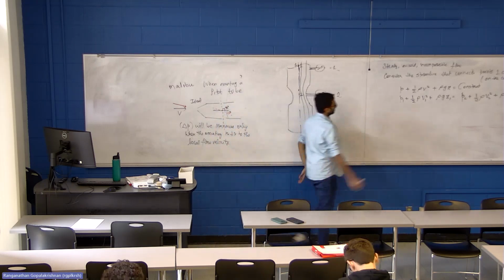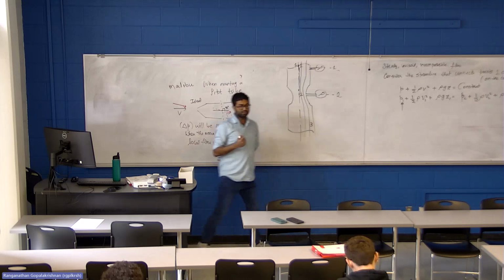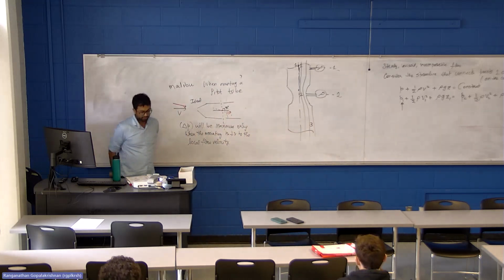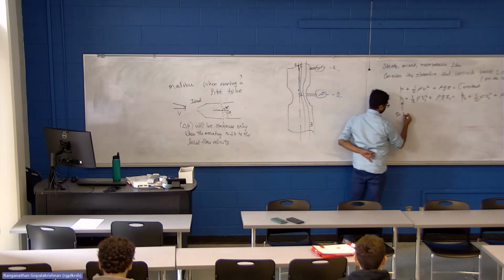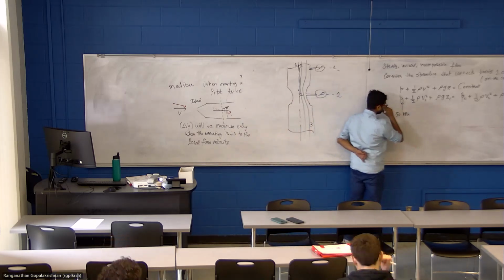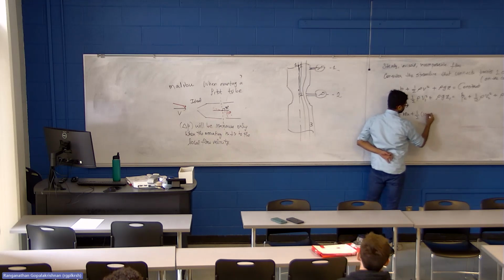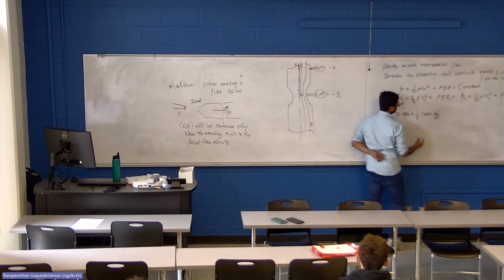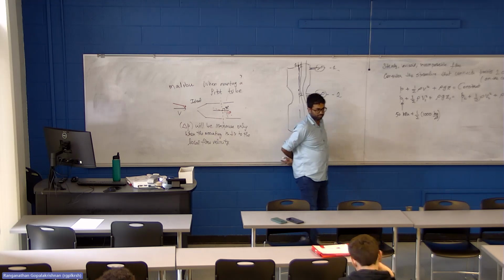Okay. So what is P1? Is the information known from the problem statement? 50 kilopascals. Thank you. 50 kilopascals plus half rho, for water, which we know is about 1000 kg per meter cube.